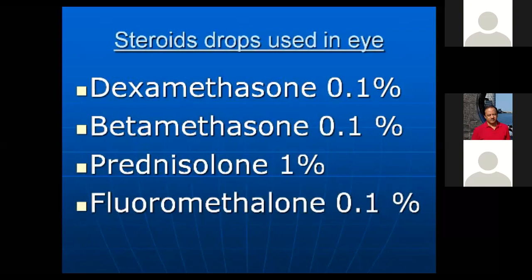Prednisolone drops, 1%. Fluorometholone drops, 0.1%. You know, there are 20 or 30 other steroid drops. Just remember these 4 important drops and their percentages. Among these 4 drops, the most potent one is dexamethasone, and the least potent one is fluorometholone.